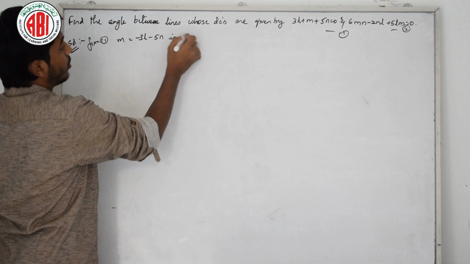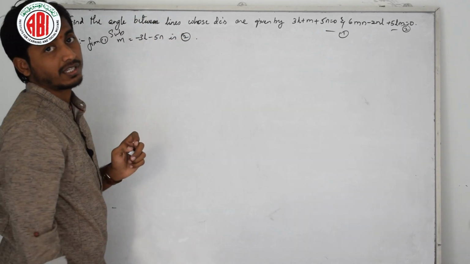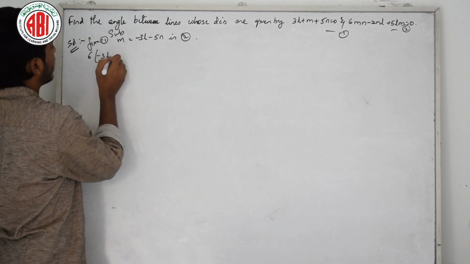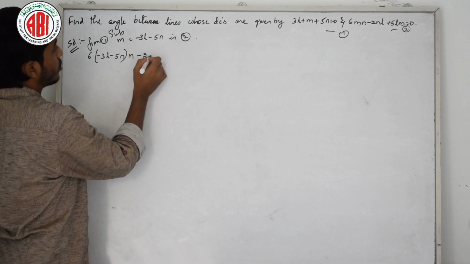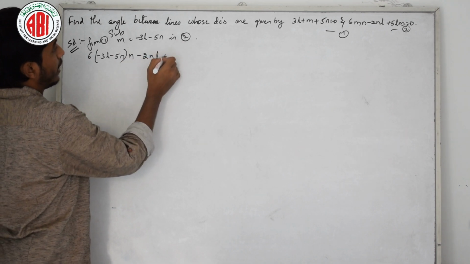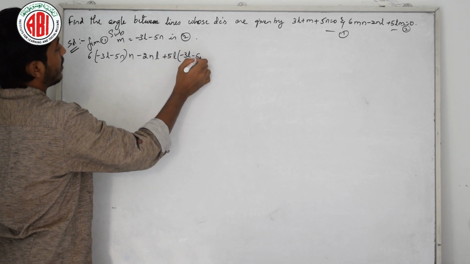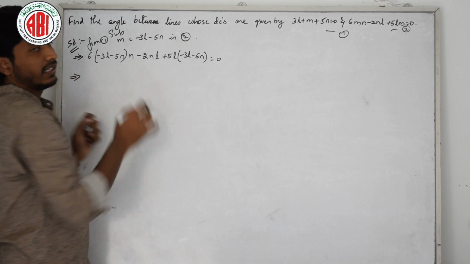Substitute m in the second equation. That is 6 minus 3l minus 5n into n, minus 2nl, plus 5l into m, where m is minus 3l minus 5n, is equal to 0. Isn't it? Yes or no?